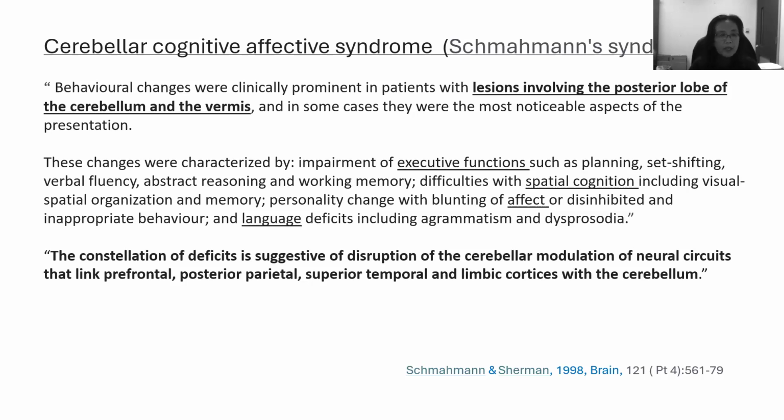At the end of the paper, they think that a constellation of deficits is suggestive of disruption of cerebellar modulation of neural circuits that link prefrontal, posterior parietal, superior temporal and limbic cortices to the cerebellum. And some of these predictions have already turned out to be true.